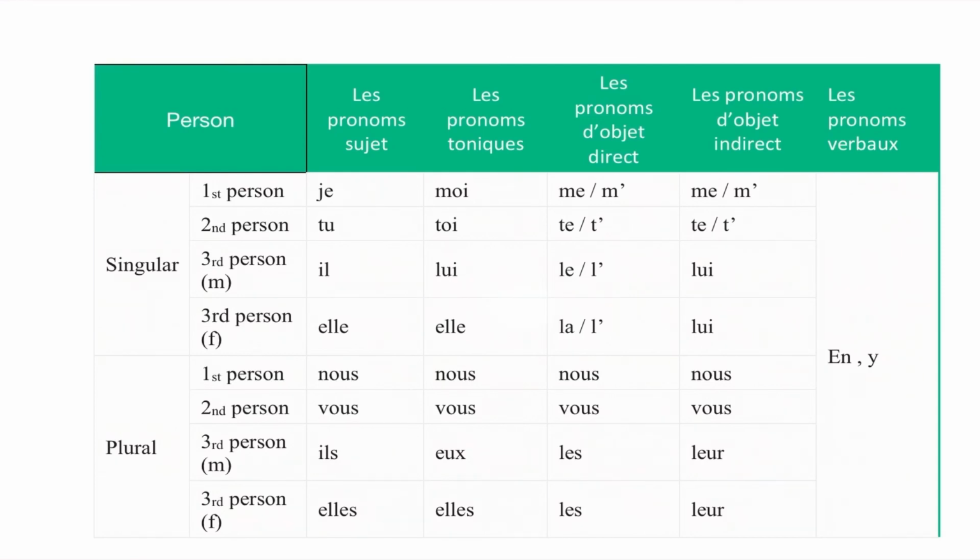Les pronoms toniques: moi, toi, lui, elle, nous, vous, eux, and elles. Les pronoms d'objet direct: me, te, le, la, nous, vous, les. Les pronoms d'objet indirect: me, te, lui, nous, vous, leur. And les pronoms verbaux: en and y.